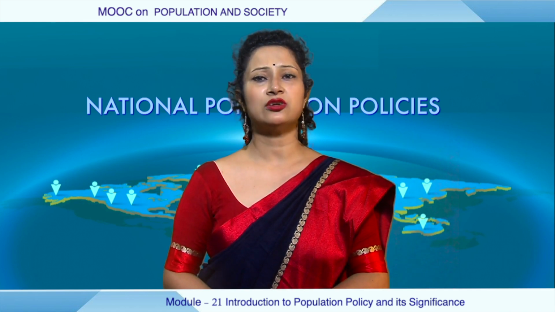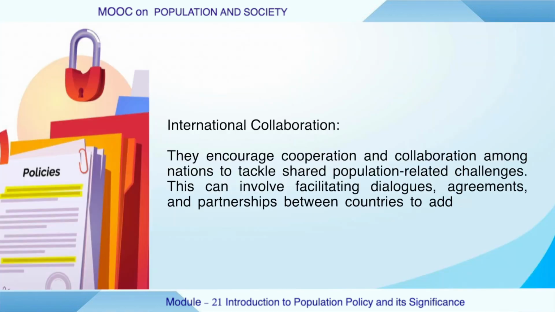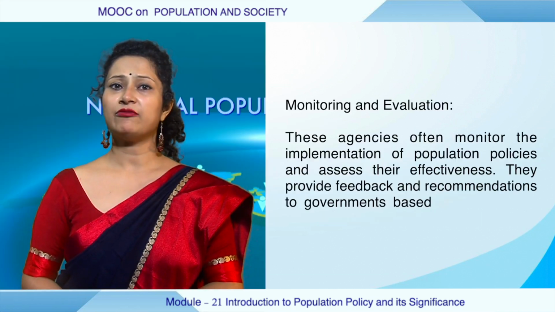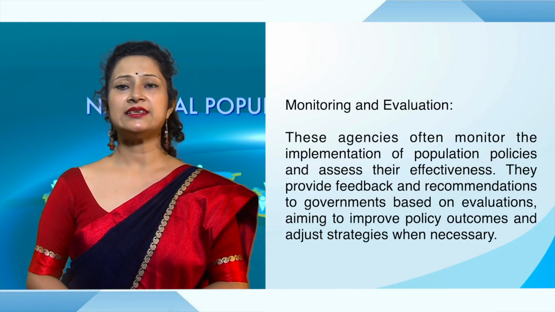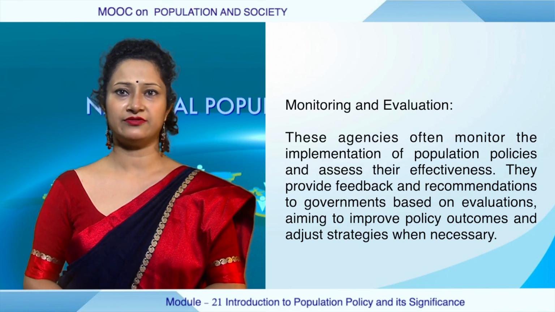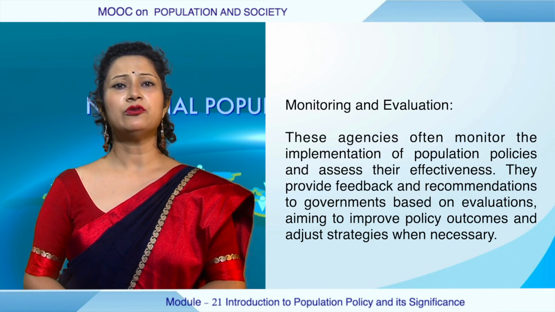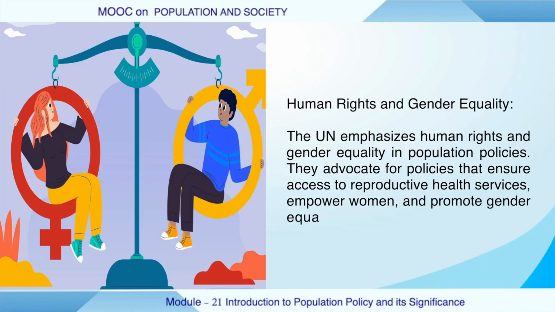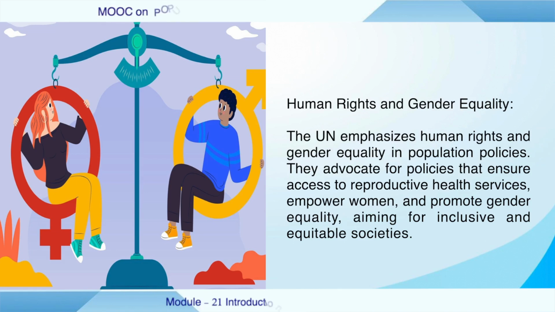Fifthly, we have international collaboration. These agencies encourage cooperation and collaboration among nations to tackle shared population-related challenges like migration, healthcare, sustainable development, etc. Sixthly, we have monitoring and evaluation. These agencies often monitor the implementation of population policies and assess their effectiveness, aiming to improve policy outcomes and adjust strategies where necessary. Seventh, we have human rights and gender equality, where the United Nations emphasizes gender equality and human rights in population policies.